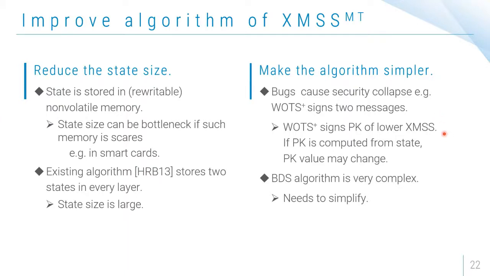For example, in XMSSMT, a WOTS key signs a public key of one lower XMSS. If this public key is computed from the state, the public key value may change because the state is changing data, and the algorithm to compute the public key becomes very complex. Unfortunately, the BDS algorithm is a very complex algorithm, so we need to simplify the algorithm.